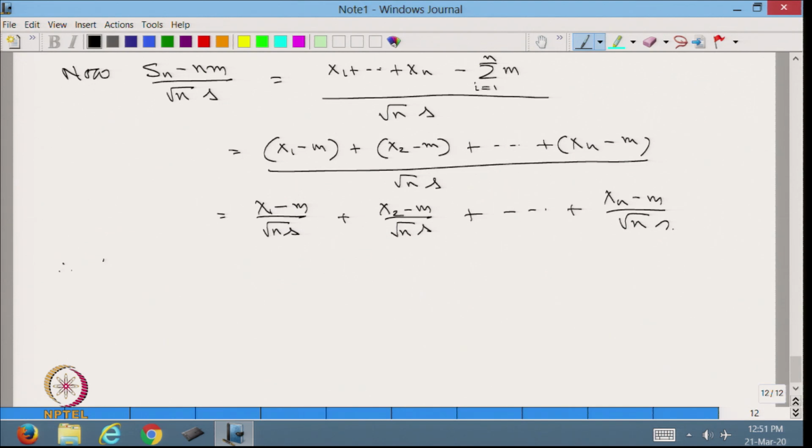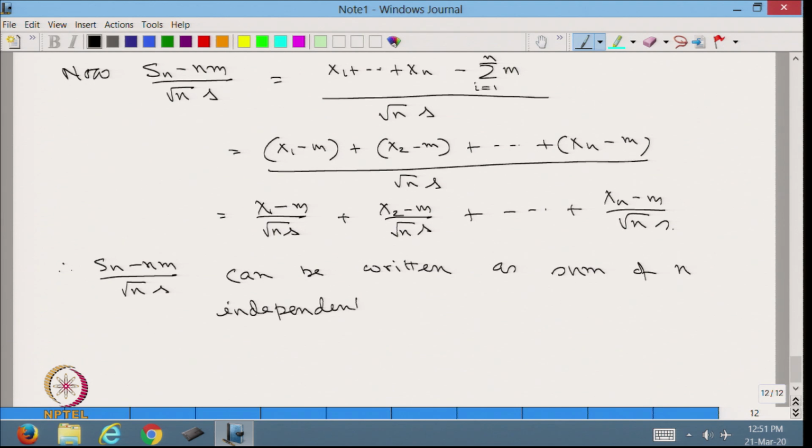Therefore, Sn minus nm upon root n s can be written as a sum of n independent identically distributed random variables.